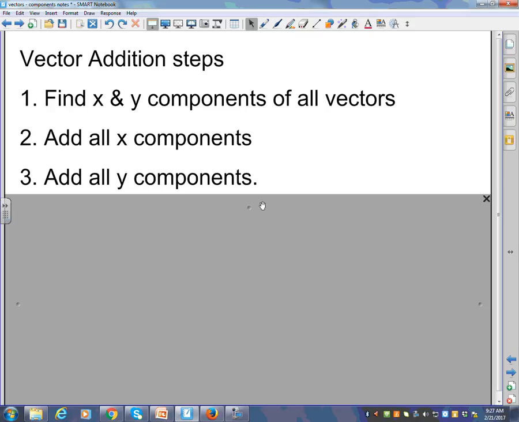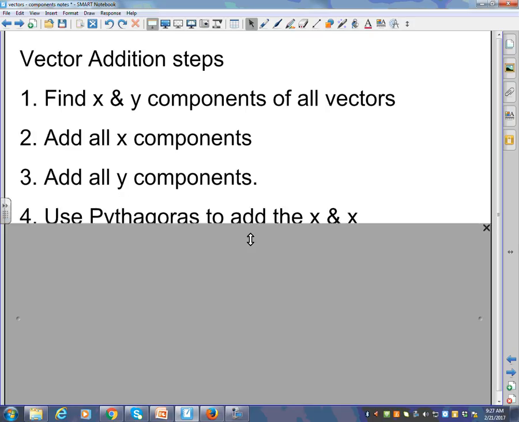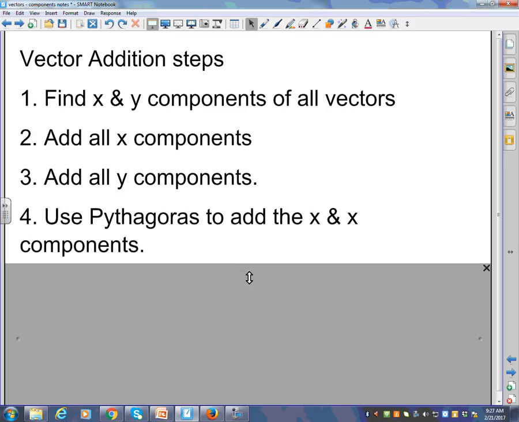And after that, made a right triangle. Used Pythagoras to add the x and y components.